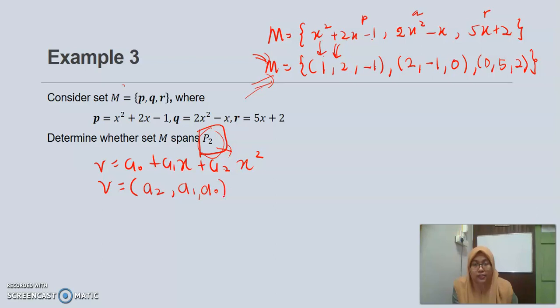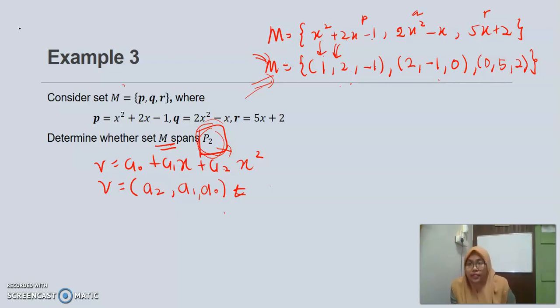So this is any vector in the vector space P2 here. Okay. So now to test whether set M spans P2, you must be able to write set V, this set here, as a linear combination of all sets in M. Okay, so how to do that?